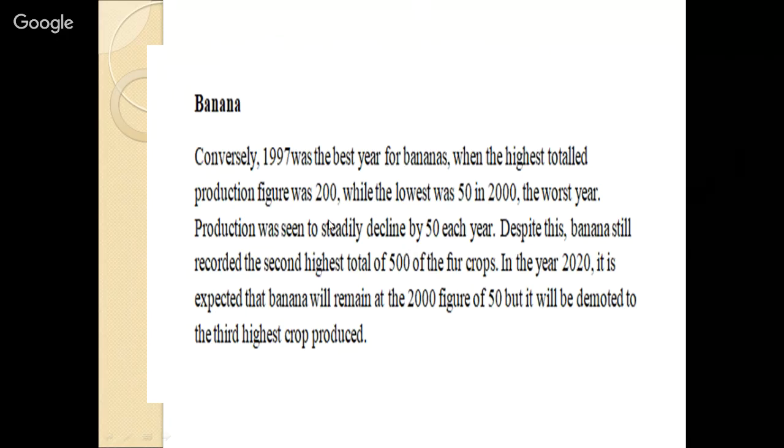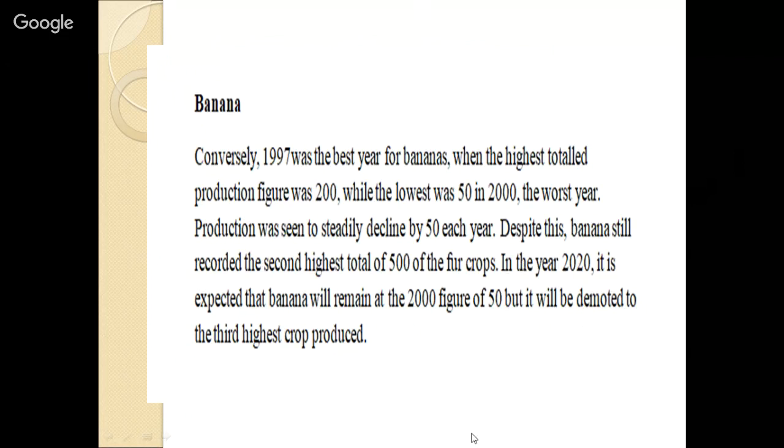And in some cases, if there's a clear pattern of decrease, you can say the amount it is decreasing by per year. Despite this, bananas still recorded the second highest total of 500 of the four. This should be four crops. In the year 2020, it is expected that banana will remain until we see the projected year being mentioned.